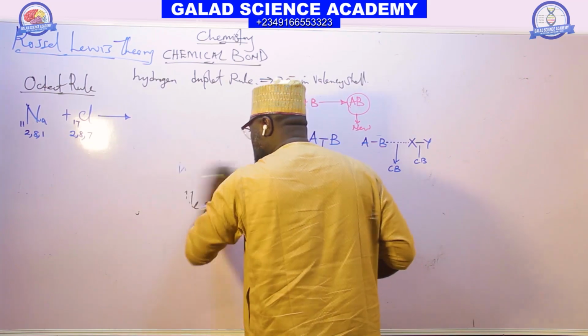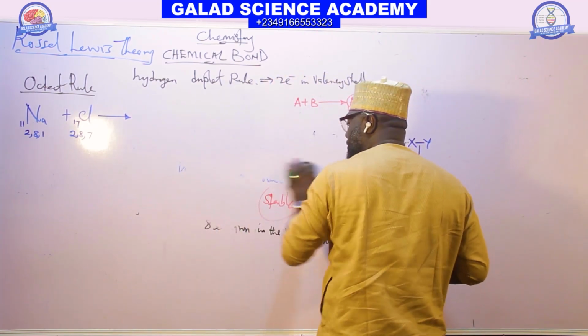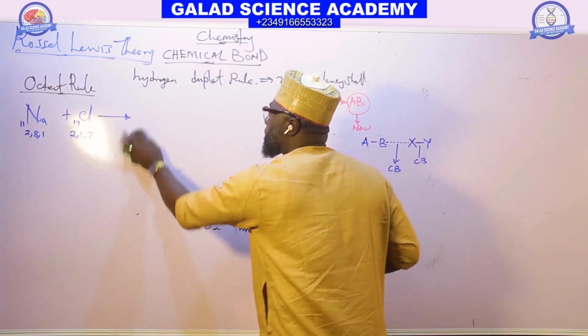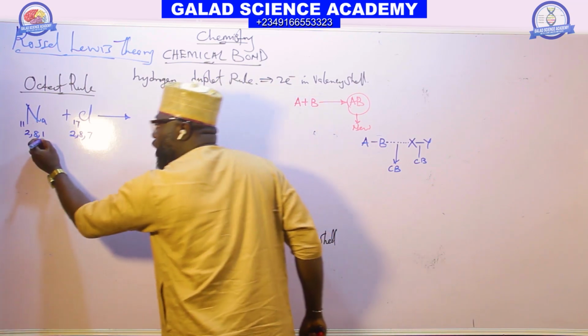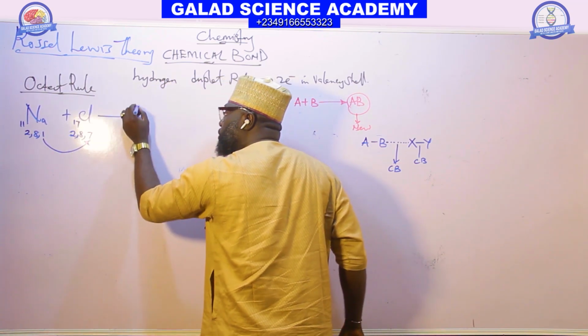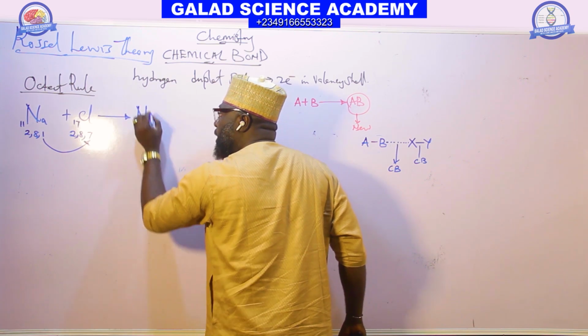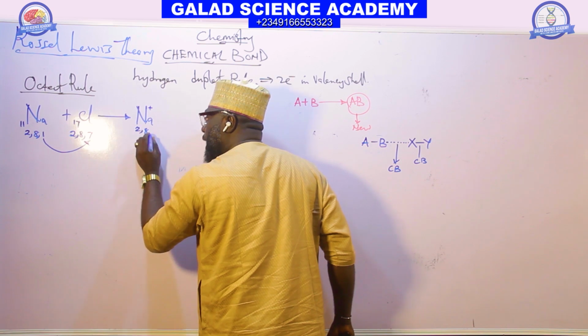the sodium you have here donates its electron to chlorine. It will now become a sodium ion, which is 2, 8.